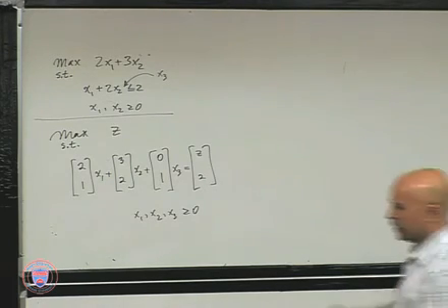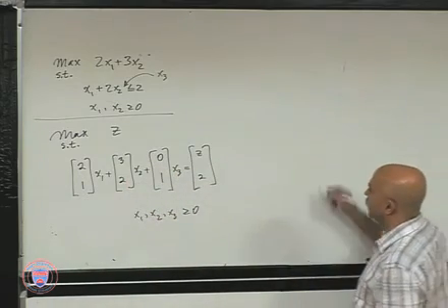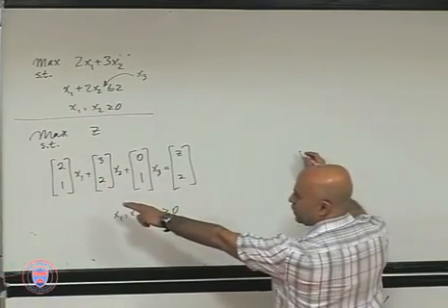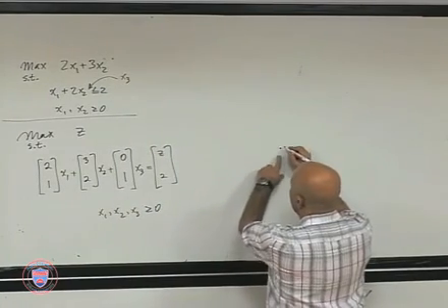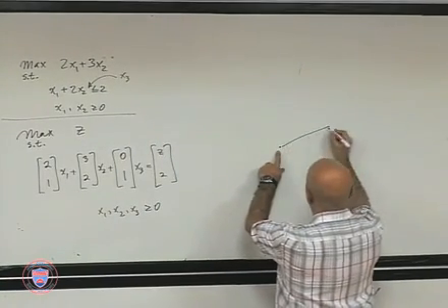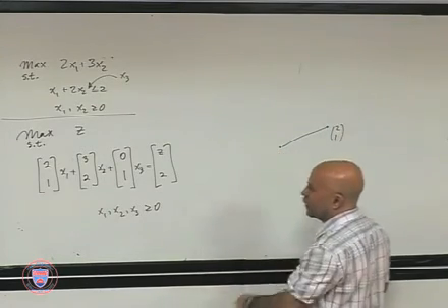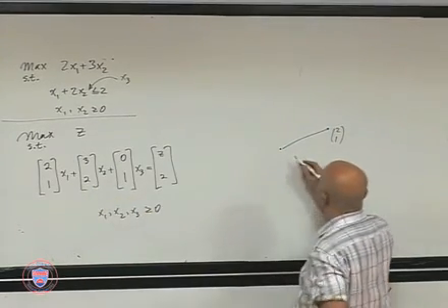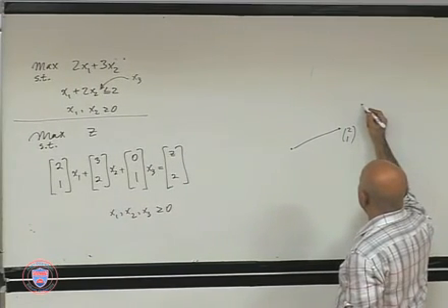Okay. Now I can certainly plot these vectors in the two-dimensional plane. So 2 and 1, if this is my origin, I go 2 units and 1 unit somewhere here. That's 2, 1. The second one is 3, 2. So we go 3 units here, 2 units this way.